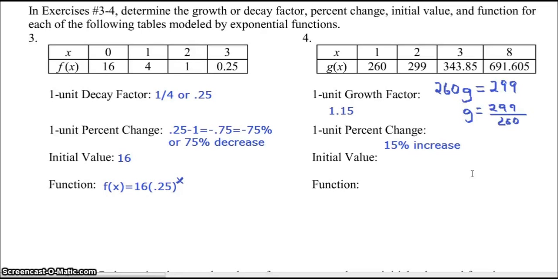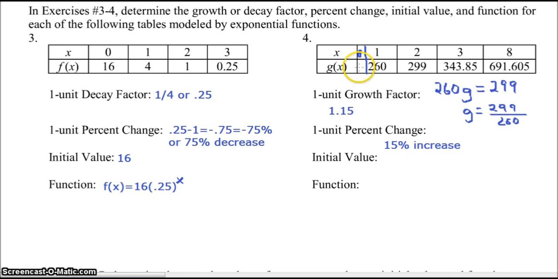So how can we get our initial value? The way I'm thinking about it is, imagine that 0 was over here in my table, and what would I need? What would the number be right here is what we're looking for, that initial value.